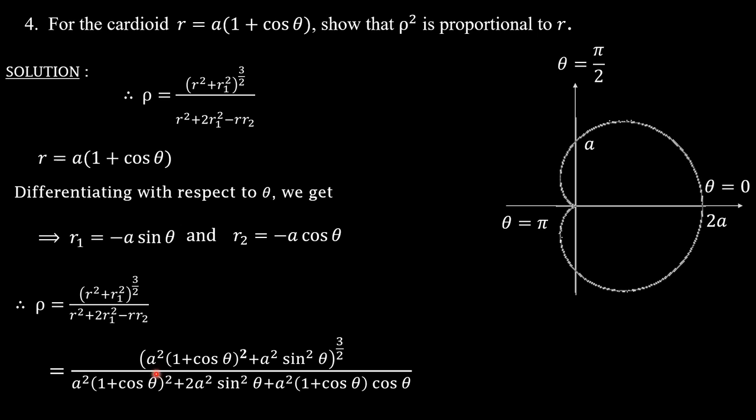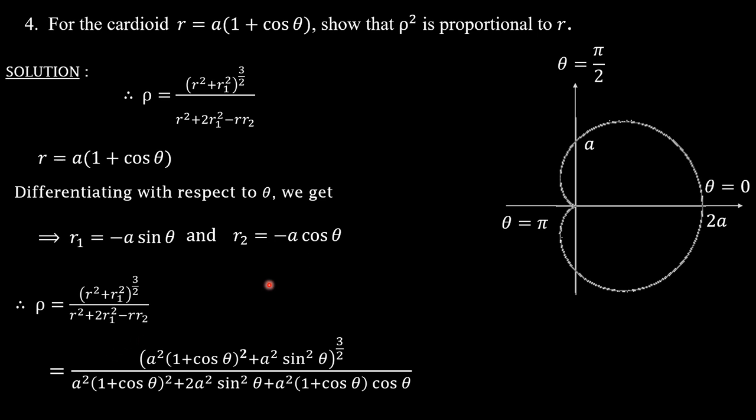Therefore, r square is of the form a square into (1 plus cos theta) whole square, r1 square, that is nothing but a square sin square theta, to the power 3 by 2 divided by r square, that is a square into (1 plus cos theta) whole square plus 2 into r1 square, that is a square sin square theta, plus, because your r2 is negative, you have minus sign from the formula and minus sign from r2.